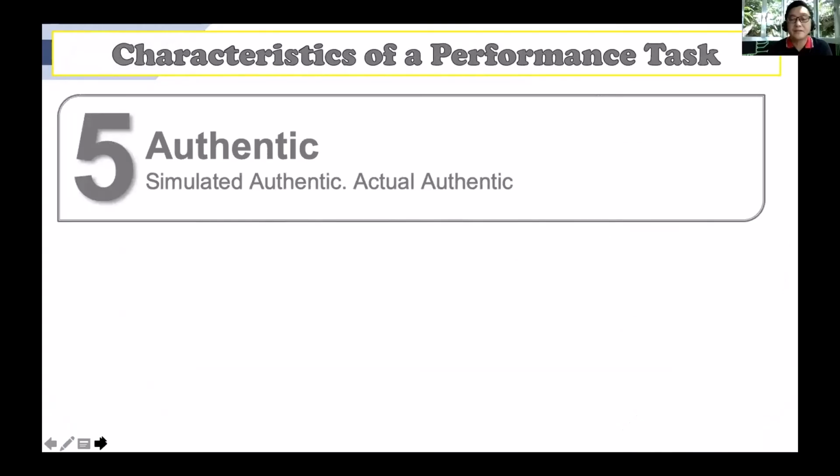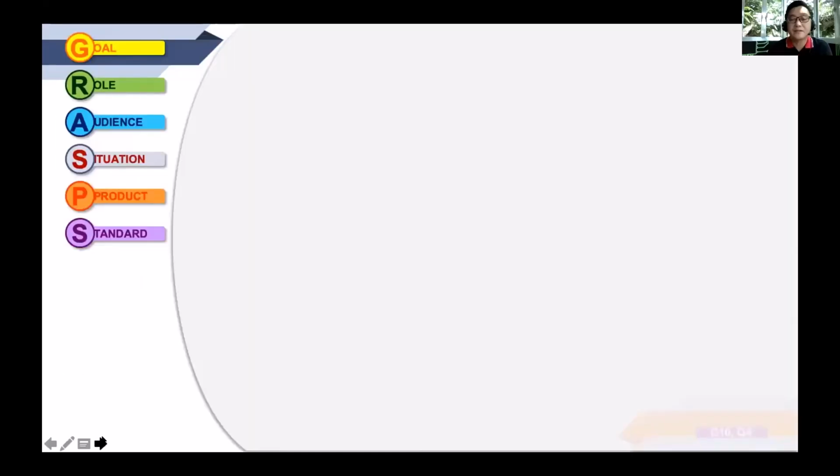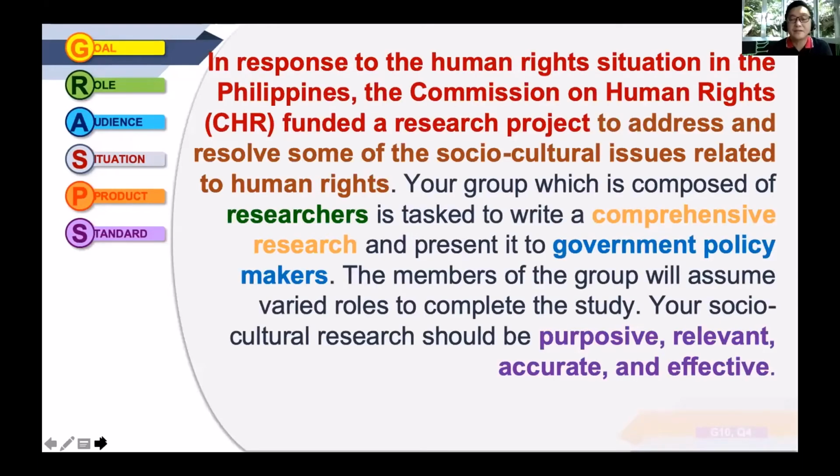There's one more. Perhaps this is going to be the last thing we're going to talk about regarding the characteristics of a performance task, and that is interdisciplinary or intersubject, meaning a performance task may be integrated with other learning areas. Let's take a look at this example of a performance task. It says, in response to the human rights situation in the Philippines, the Commission on Human Rights funded a research project to address and resolve some of the socio-cultural issues related to human rights.